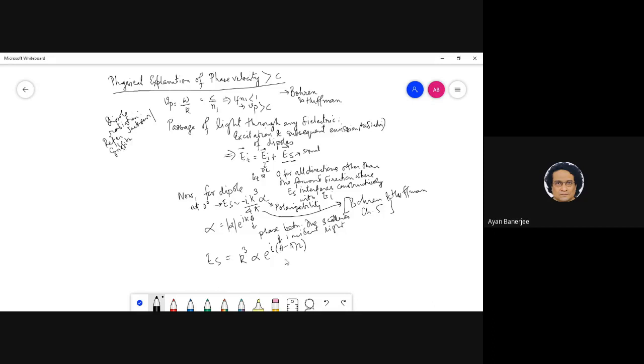This is fine, right? Then I will consider two domains, omega less than omega 0 and omega greater than omega 0. These two domains are what is interesting. And I said that alpha equals that value into e to the power i theta, right?